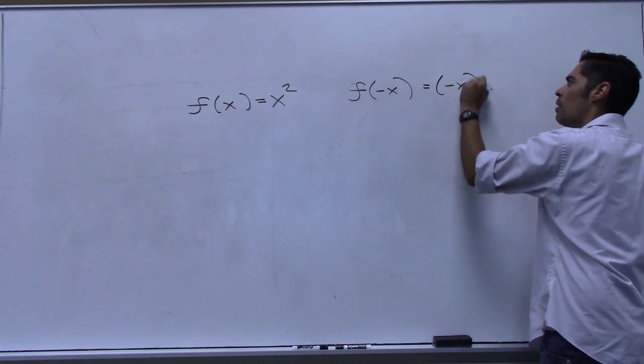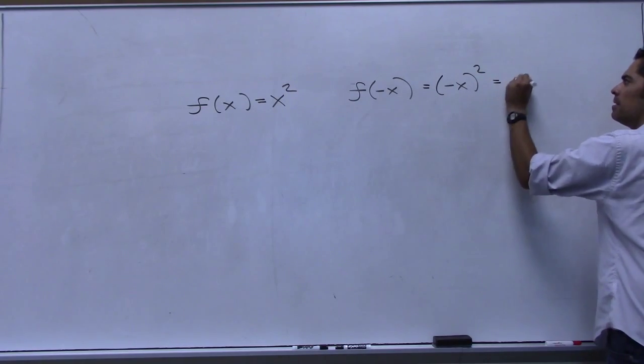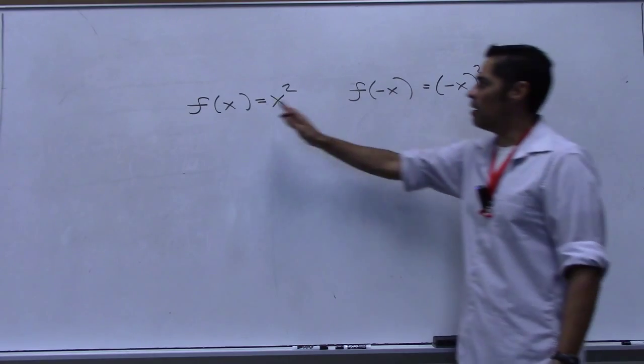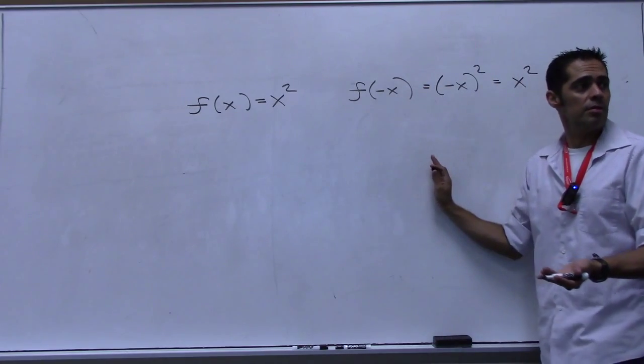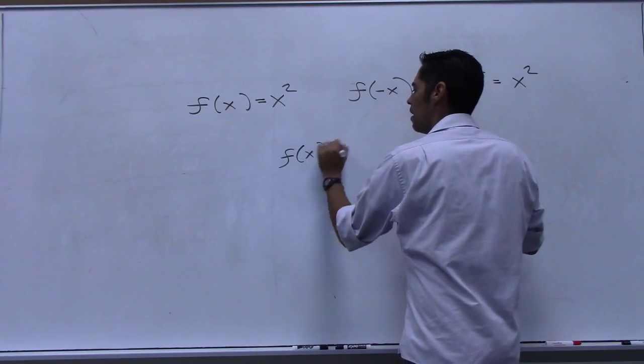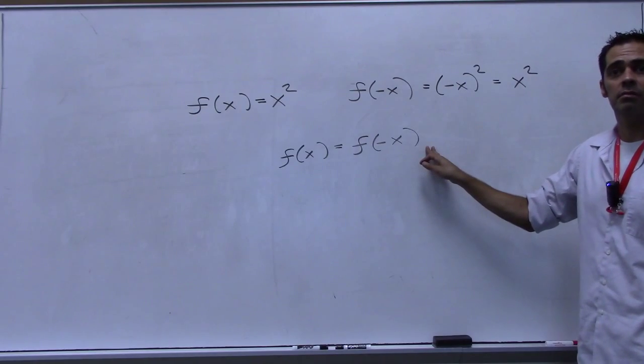It's negative x squared, but when you square a negative, what happens? It's still positive, so that's just x squared. So it doesn't matter if I plug in x or negative x, you get the same answer, don't you? That means that f of x is equal to f of negative x. And that's what we call an even function.